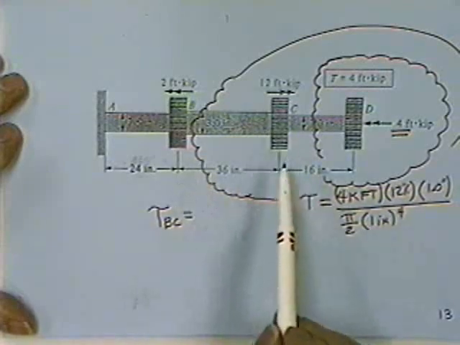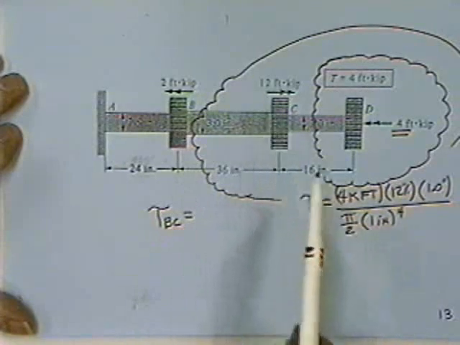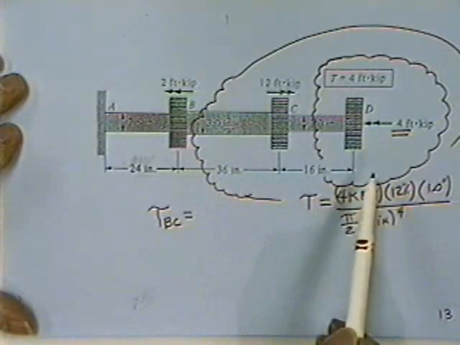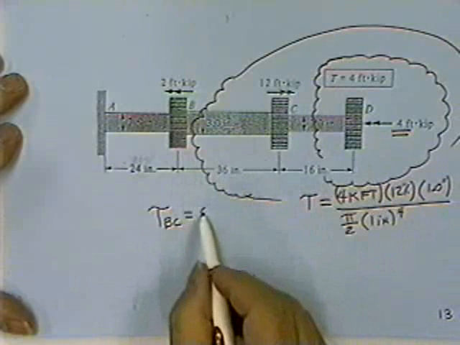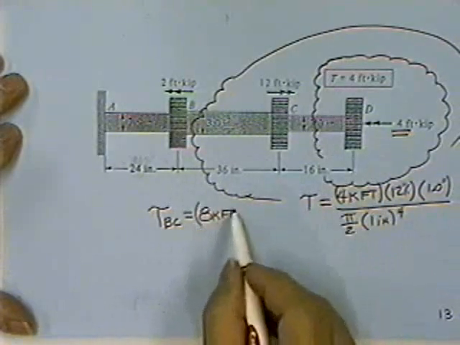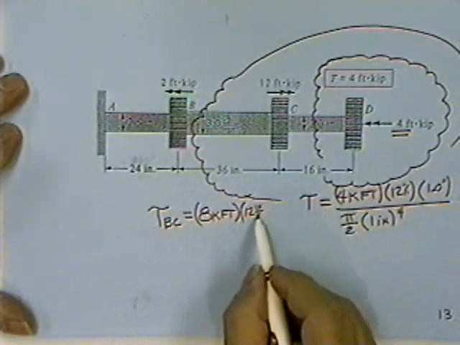In this case, inside of this magic cloud, I see a 12 kip feet going one way and a 4 kip fighting it, and I can tell that the 12 is a winner. It's winning to the tune of 8. If this thing is to sit still, there can be no winners, and therefore the torque inside of section BC is 8 kip feet, which I multiply times 12 inches in a foot.